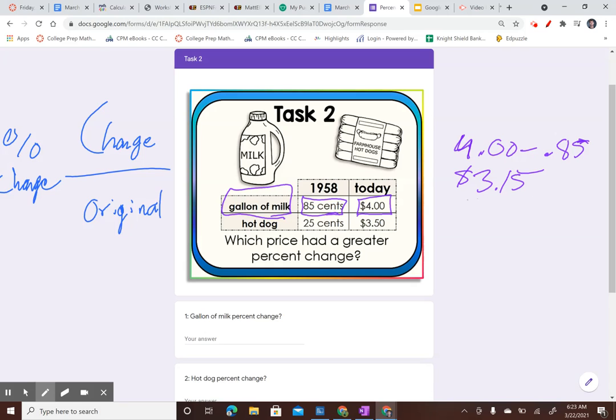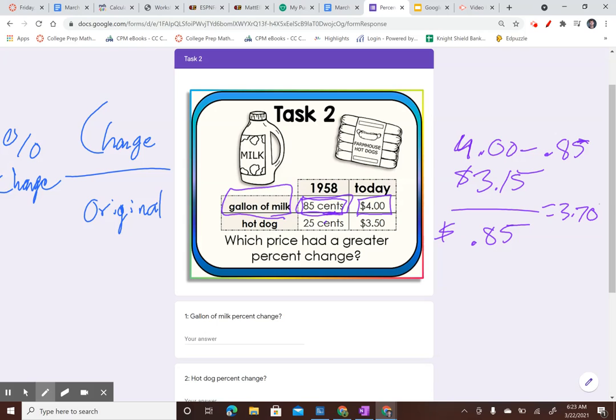So I have my difference on top, and I need to divide it by the original cost, which we see here in 1958 was 85 cents. So I do 3.15 divided by 0.85, and that gives me for an answer 3.70.